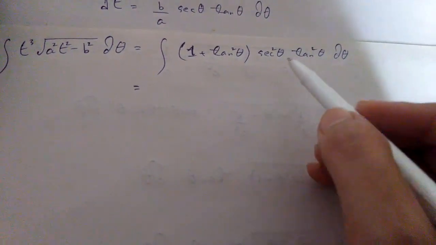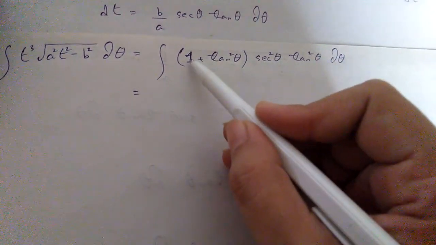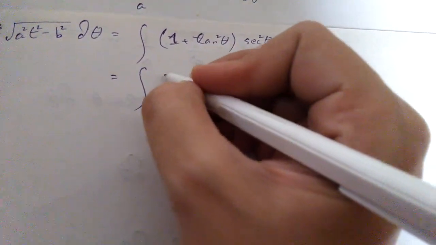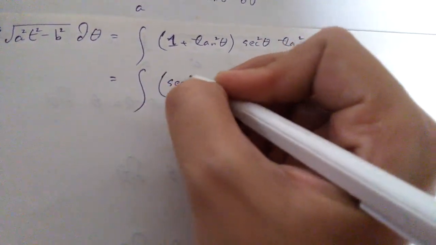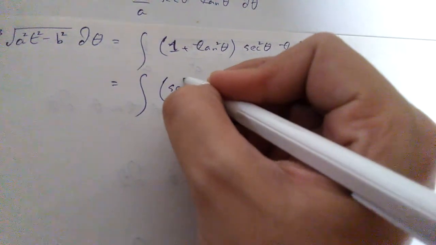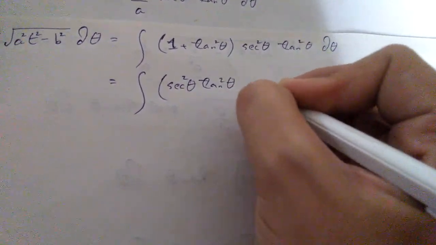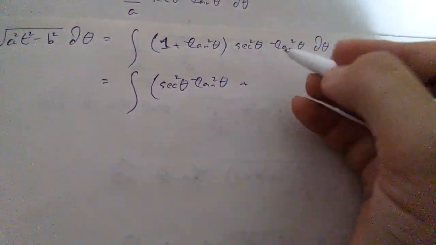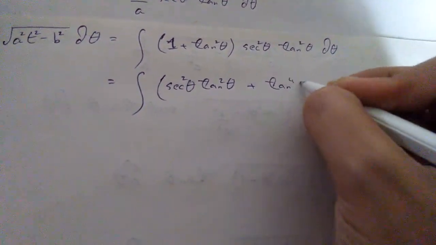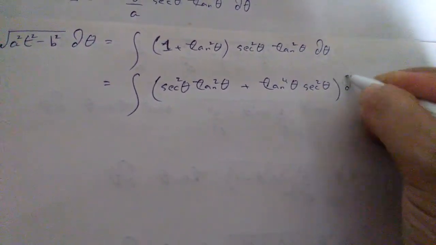Now let us multiply sec square theta tan theta with these two terms one by one. So it appears to be like this. Sec square theta tan theta plus this term multiplied by these two. It gives you tan power 4 theta sec square theta d theta.